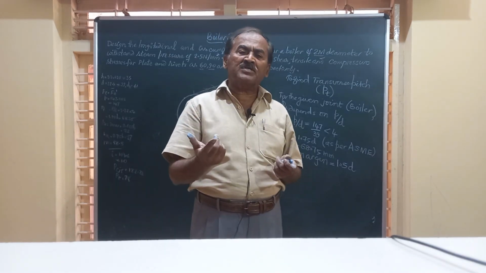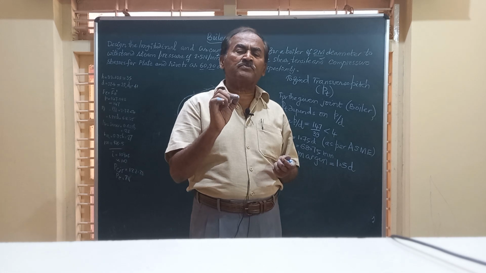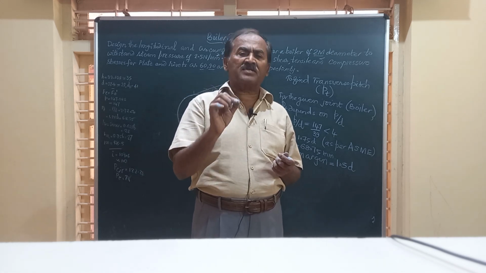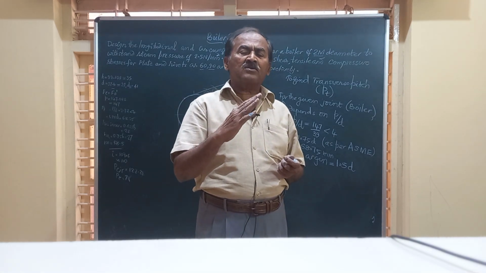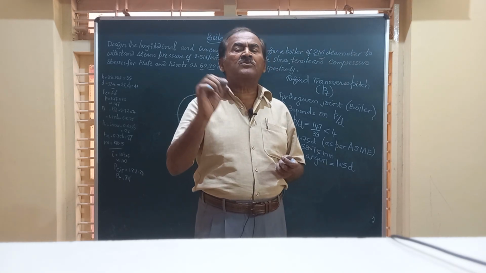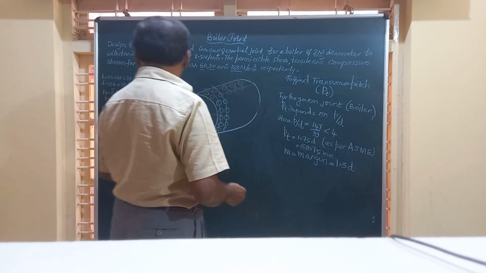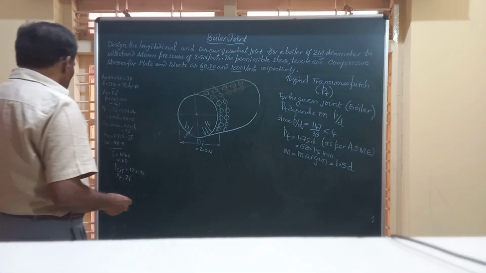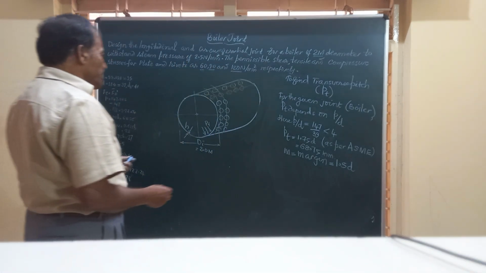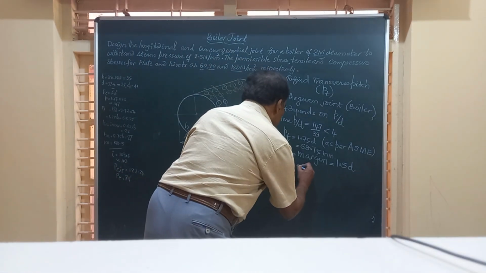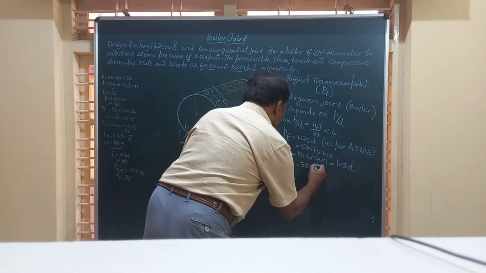What is the meaning of margin? That is the minimum distance between the center of the extreme rivet to the nearest edge of the plate. So it is universal. It is 1.5D, and it works out to 58.5 millimeter.